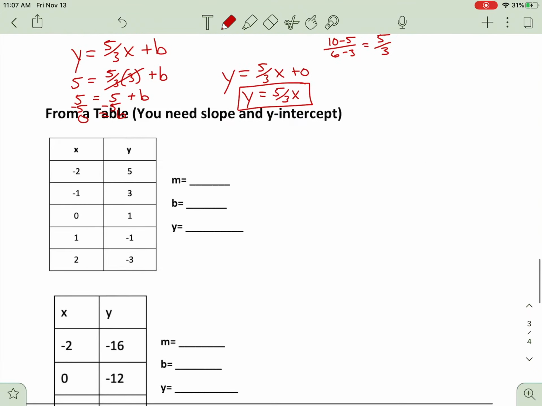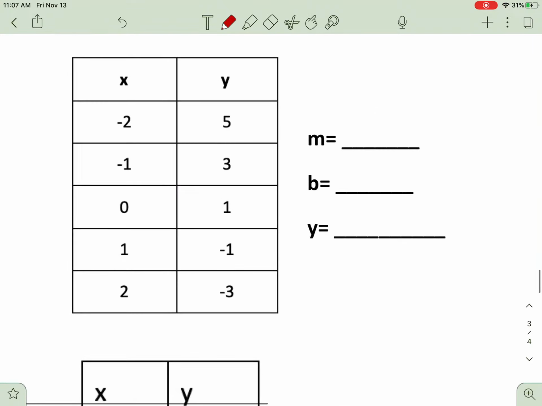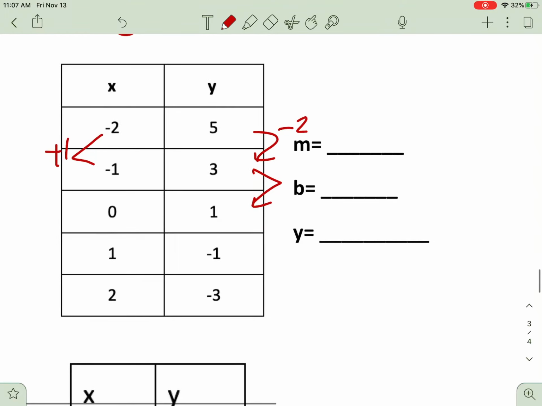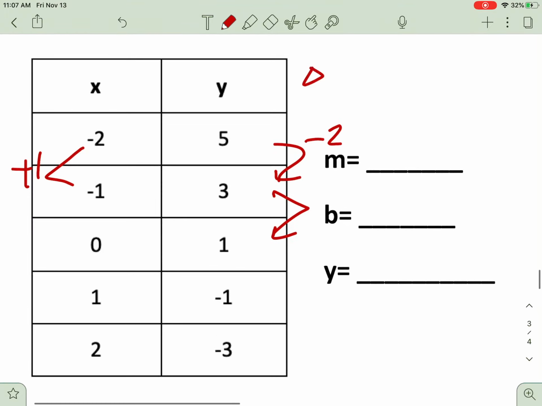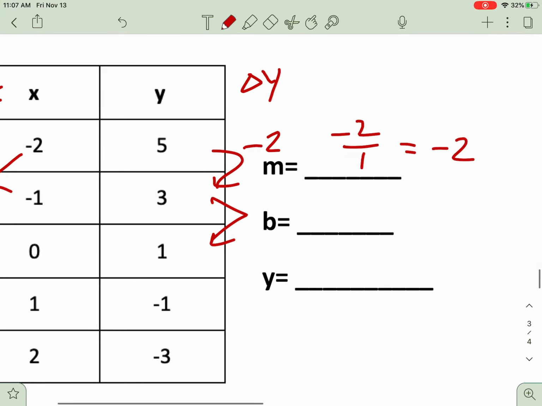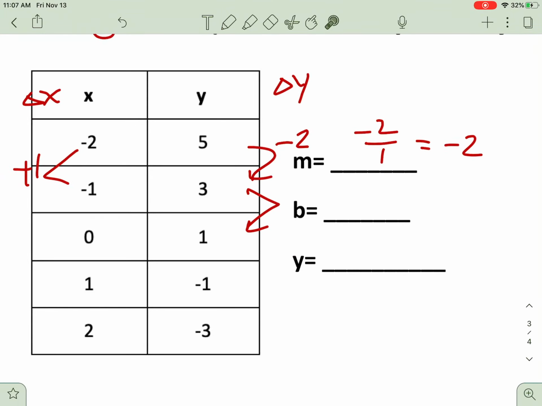Okay, last one here. We've got a couple tables before I let you get to the exit ticket. This one clearly is changing by a -2. This is going up by a +1. So remember, when you have a table, it's the change in y over the change in x. So this would be -2 over 1, which simplifies to -2. Okay, our y-intercept, our b, is whenever it crosses the y-axis.